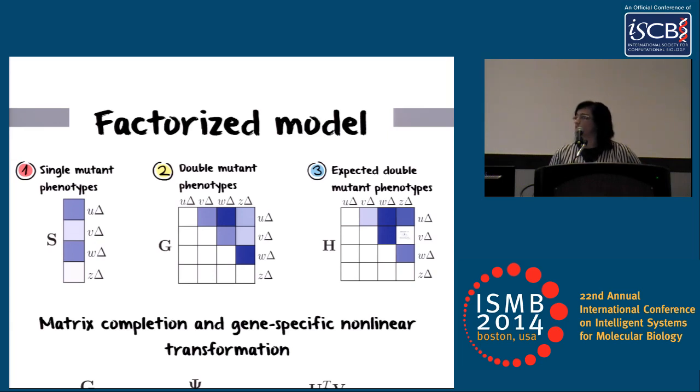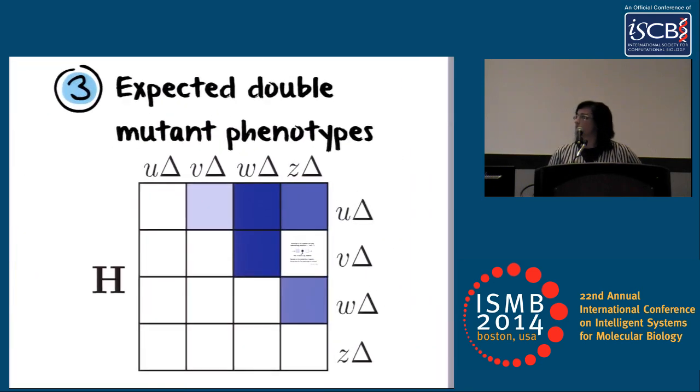Then in number 2, we have a matrix where each entry is the phenotype of the corresponding double mutant. And finally, we also have the expected double mutant phenotypes. This is the matrix where the entry UV encodes the expected phenotype of an organism if the corresponding genes would not interact.